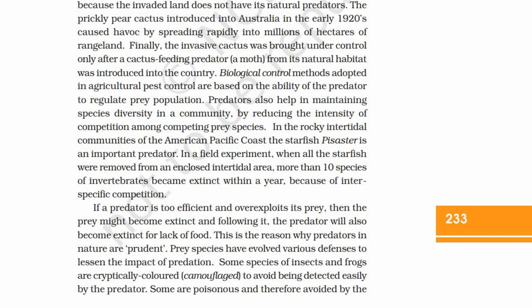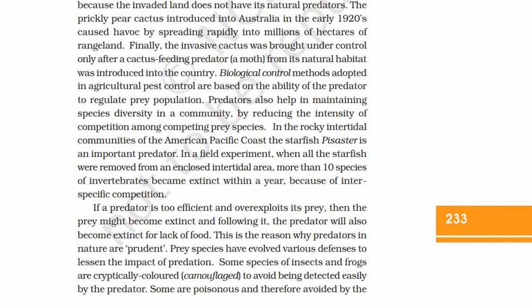The prickly pear cactus introduced into Australia in the early 1920s caused havoc by spreading rapidly into millions of hectares of rangeland. Finally, the invasive cactus was brought under control only after a cactus-feeding predator, a moth from its natural habitat, was introduced into the country. Biological control methods adopted in agricultural pest control are based on the ability of the predator to regulate prey population.